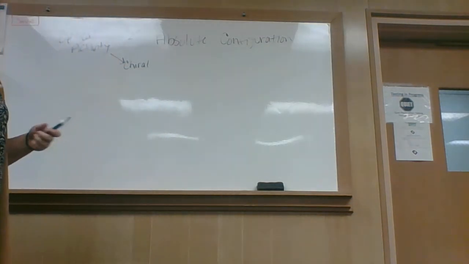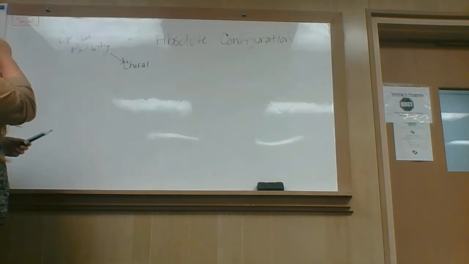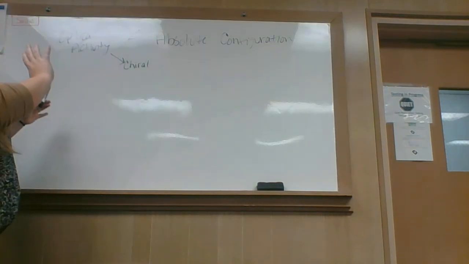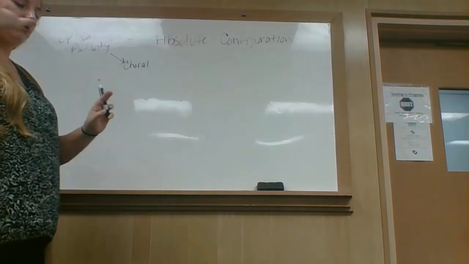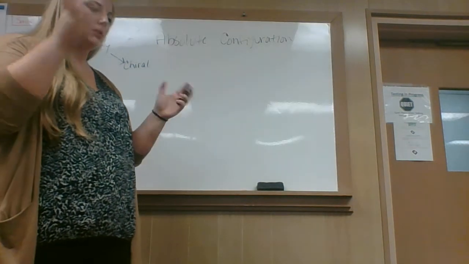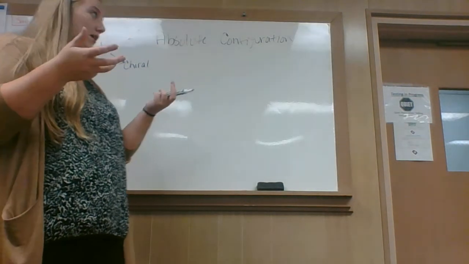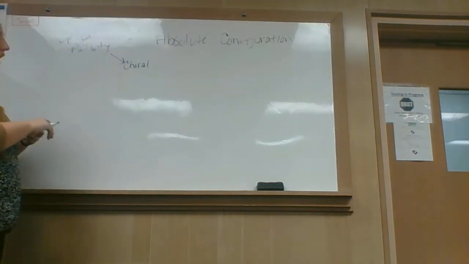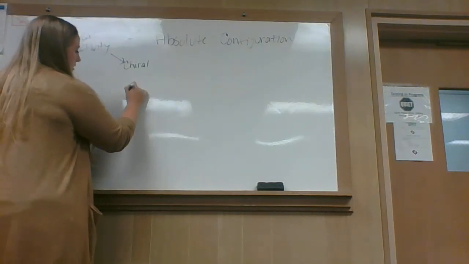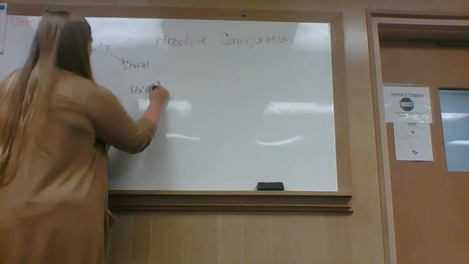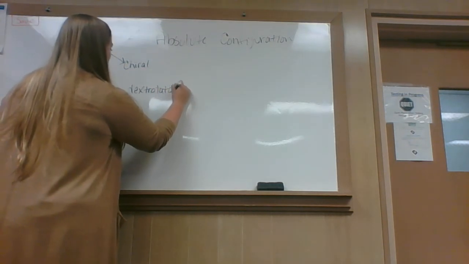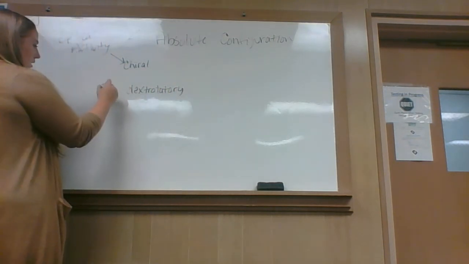Or you guys have used refractometers, so it's a pretty similar process. Because enantiomers can rotate it one way or the other. If it's rotating it clockwise, that's dextrorotary. So that says clockwise.